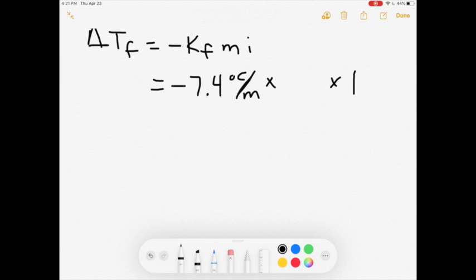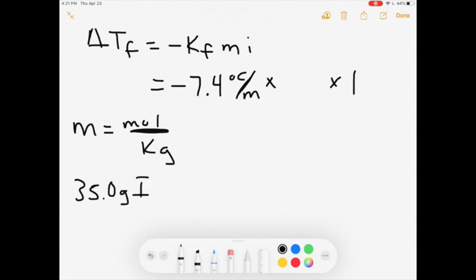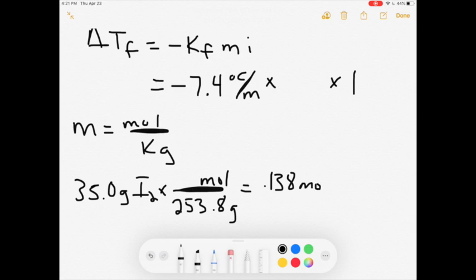So now we just need to find the molality of our solution. It's molality, so we need moles and kilograms. We have 35 grams of iodine, and we need to find the molar mass. So we're going to divide that by 253.8, which is the molar mass. And that gives me 0.138 moles of iodine.